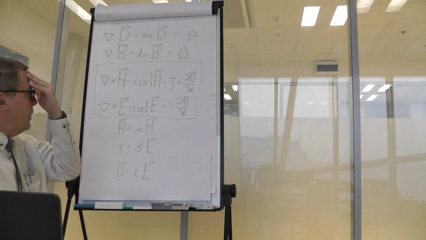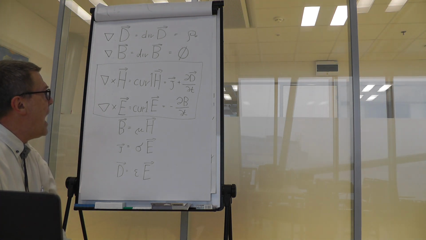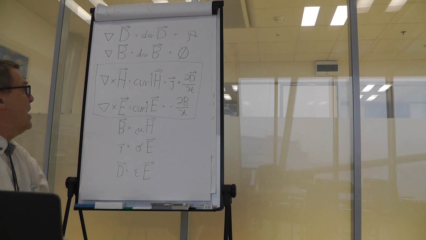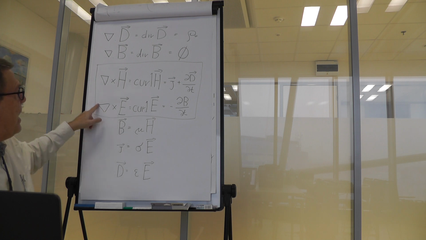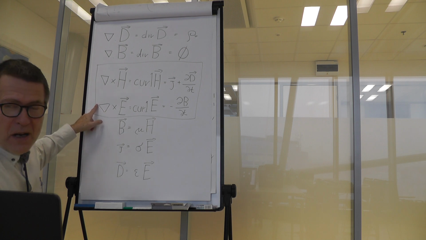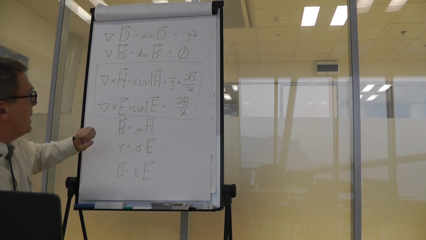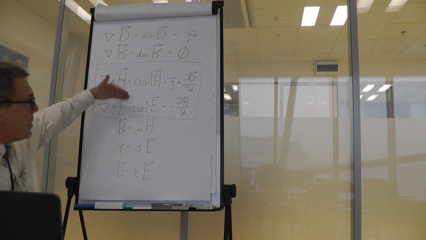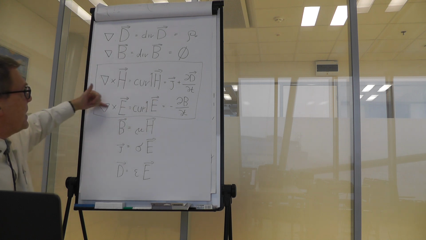So what we shall do here is that we will apply again a vector product from the left side with nabla operator, or we will make a circulation of this. So we will have circulation of these equations.